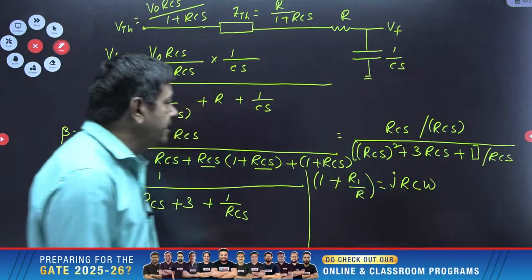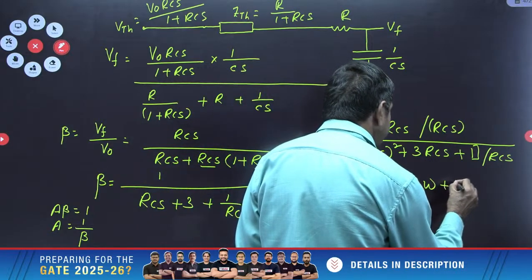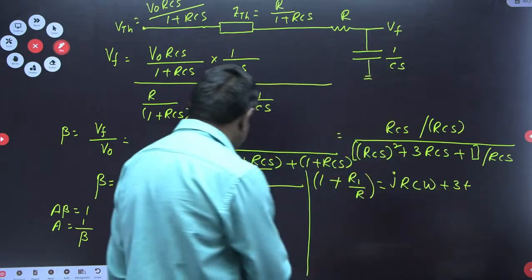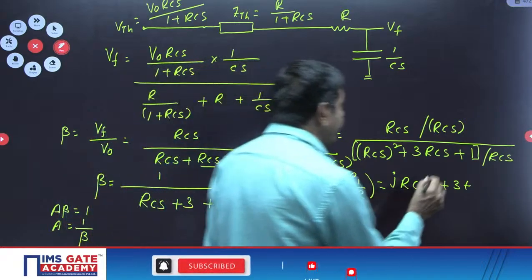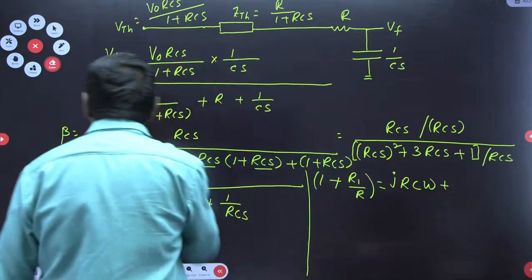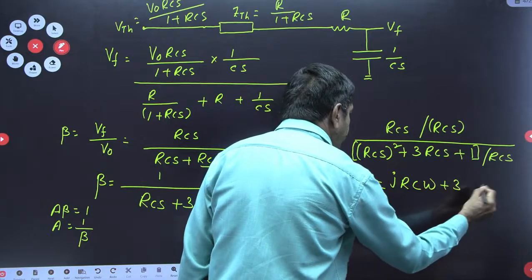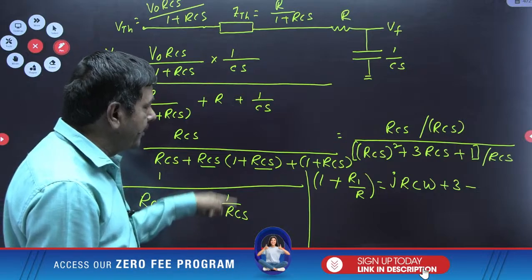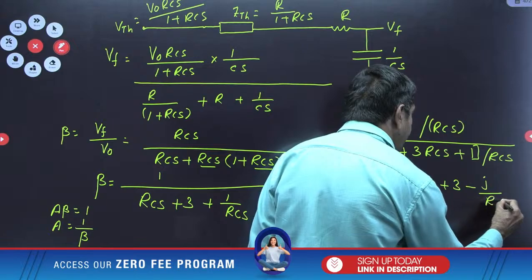In j notation, I want to get now. 3 goes to numerator. Plus 1 by RCS, S equal to j omega. j I want in the numerator, so multiply and divide by j. Finally, I will get minus j by something. 3 comes to numerator minus j by RC omega.